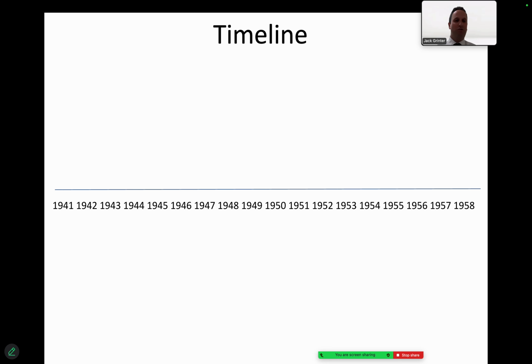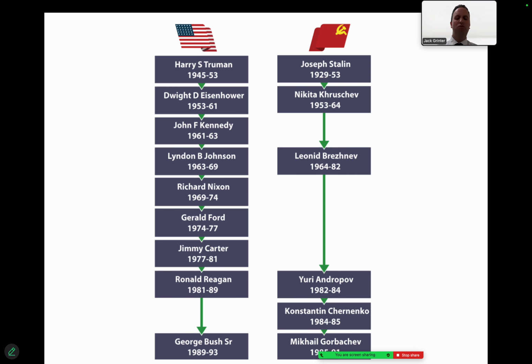Okay, so on an A3 bit of paper, I would do the timeline up like this: 1941 up to 1958. The first thing you can add there, maybe in two different colours, is the leaders of the United States and the Soviet Union during this period. I've got this here, and it shows it for all three key topics.